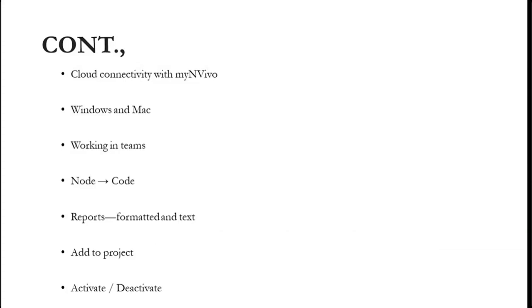Cloud connectivity with my NVivo. For example, imagine that your university or institution has a licensed version. One can use my NVivo account, and if there is a cloud version, it has three combinations. One is auto transcription.